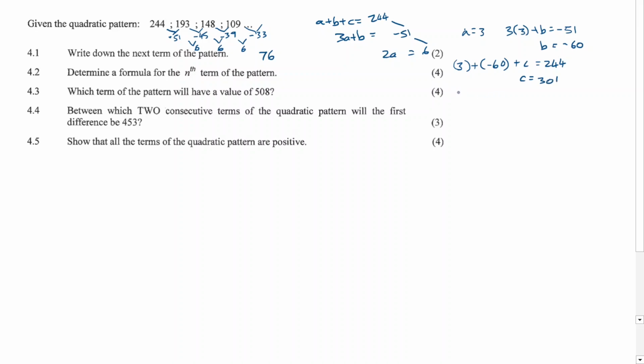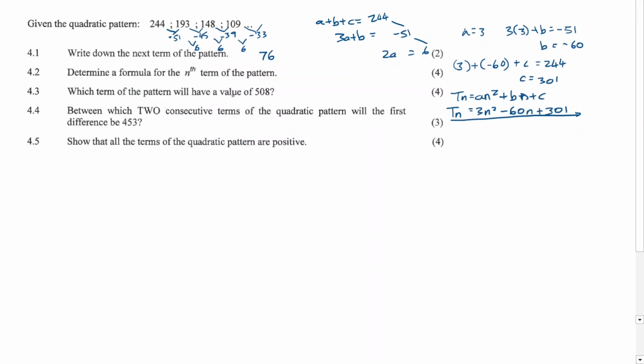And so my formula in its most general state would be an squared plus bn plus c. And now that I know that a is 3, b is minus 60, and c is 301. And so that's the general term, the formula, the nth term, and we're going to use that to work out the rest of the questions.